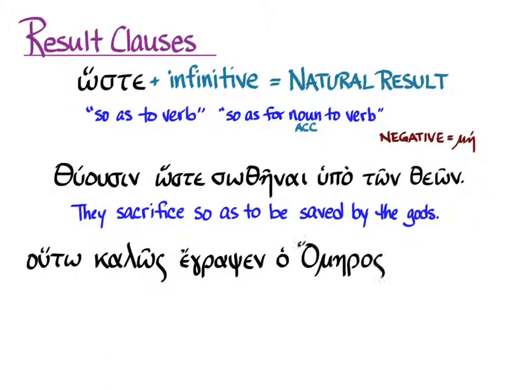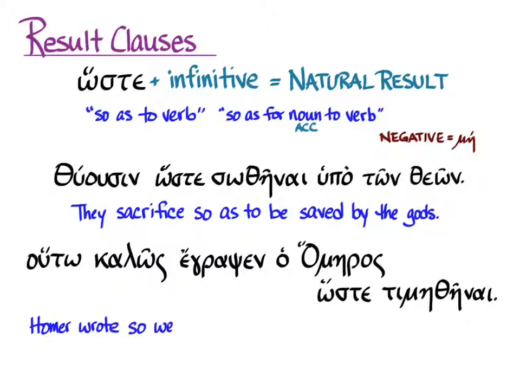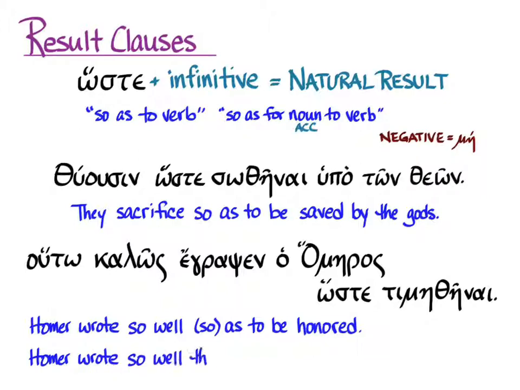Another example is houto kalos egrapsen ho Homeros hoste timethenai. Homer wrote so well so as to be honored. Now, another way we can say this is that Homer wrote so well that he is honored.